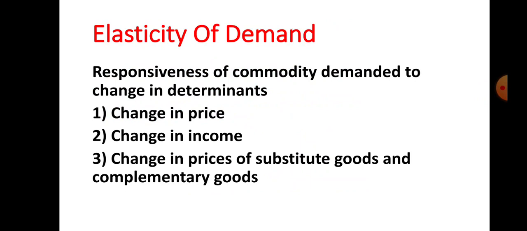So what is the definition of elasticity of demand? Elasticity of demand means responsiveness of commodity demanded to change in determinants. Now, what are determinants here? Here determinants are number 1, change in price, number 2, change in income of the consumer, and number 3, change in prices of substitute goods and complementary goods.